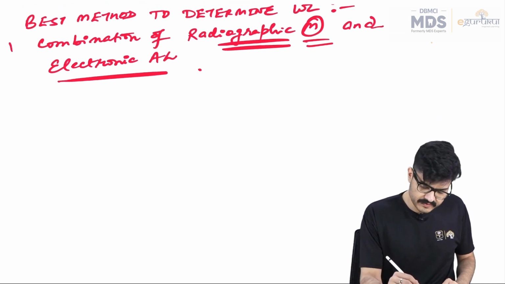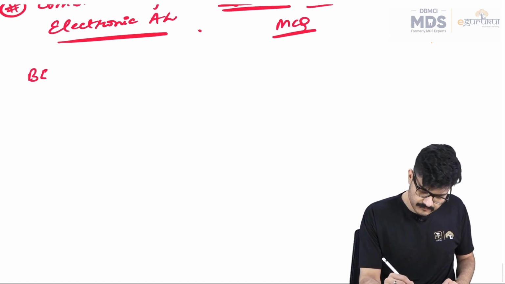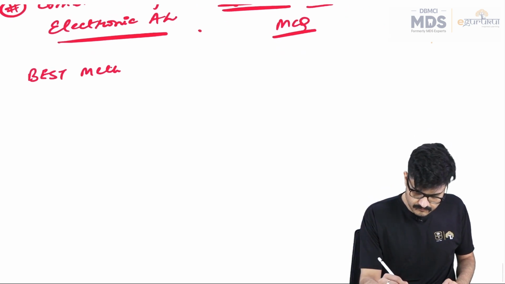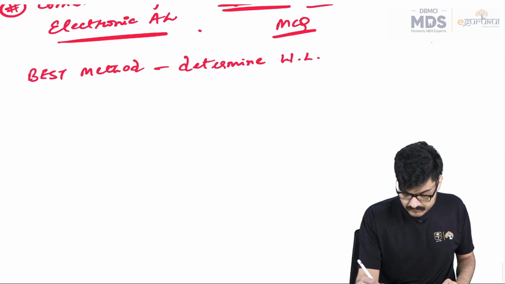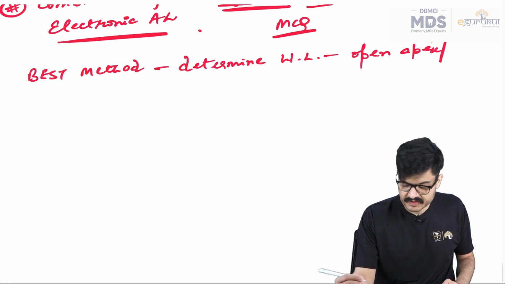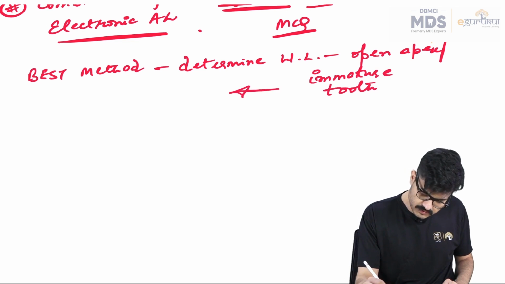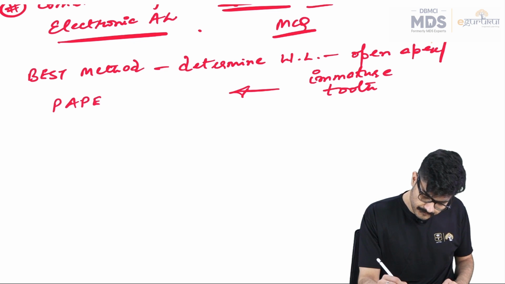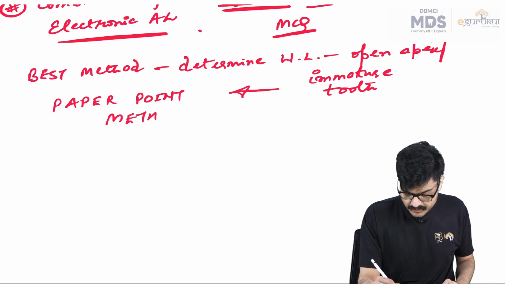Then the second important question that comes, that's your MCQ: best method to determine working length in open apex, which can also be mentioned as an immature apex tooth or an immature tooth, is the paper point method.